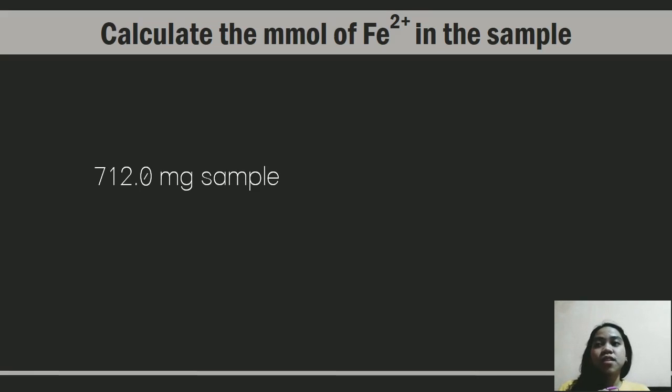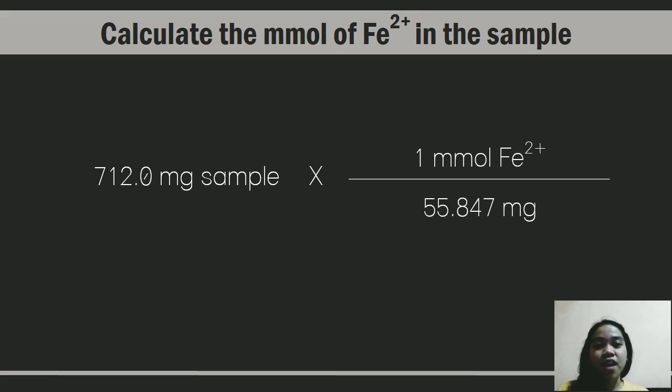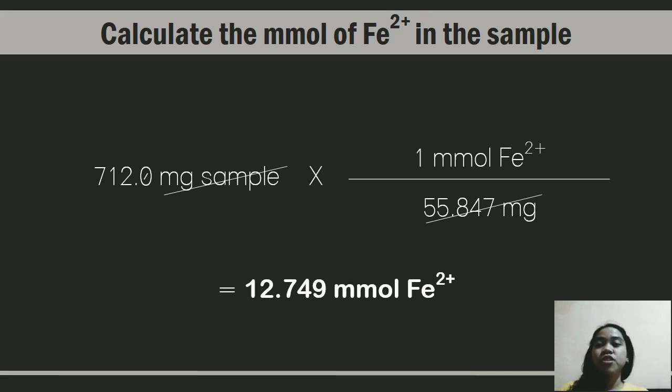I just converted it to milligrams so I will not be confused with the calculations later. Here we have the mass of the sample multiplied by the molar mass of the Fe, for us to get the millimoles of the Fe2+ in this sample, which is 12.749 millimoles of Fe2+.